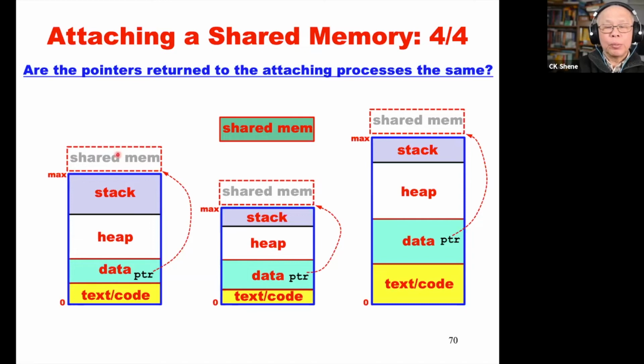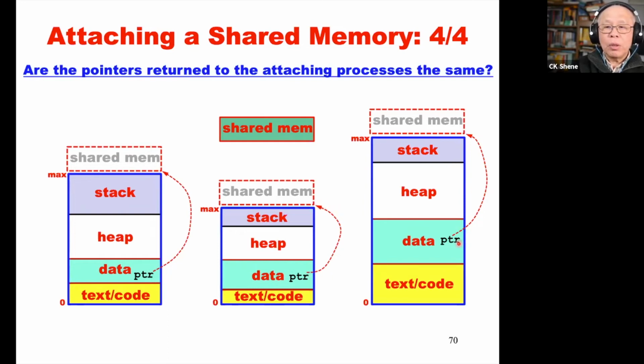It's not going to be pulled into your address space. It's going to be outside your address space. So the pointer received by this process is here. Now, this process is smaller. So when it pulls the shared memory into its address space, the pointer would point to here.